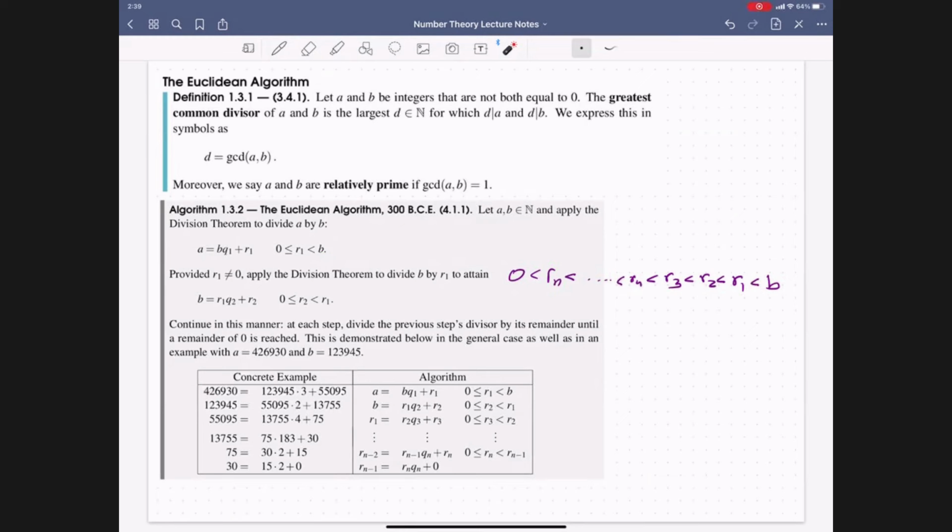So here we write 426,930 as our b times 3, and then we compute its remainder. Then we apply the division theorem once more, but now to the b and the remainder from the previous step. Apply the division theorem there. And then we get that the q corresponding there is 2.